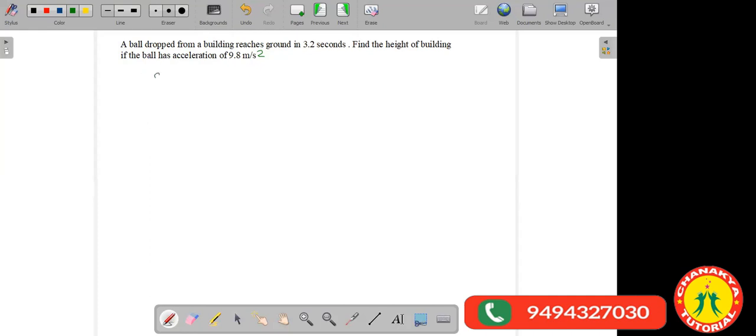So you will be using s equals ut plus 1 by 2 at squared. So s would be equal to u, which is 0, multiplied by t, 3.2, plus 1 by 2 multiplied by acceleration 9.8 multiplied by t squared, 3.2 squared.